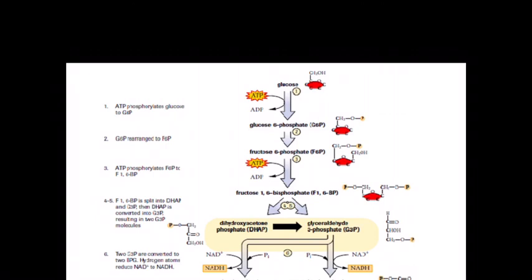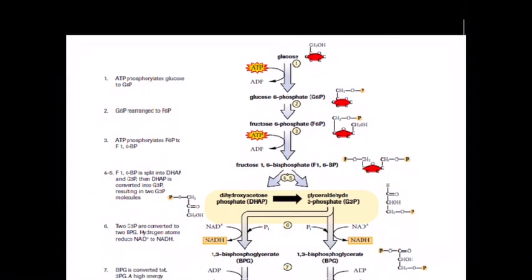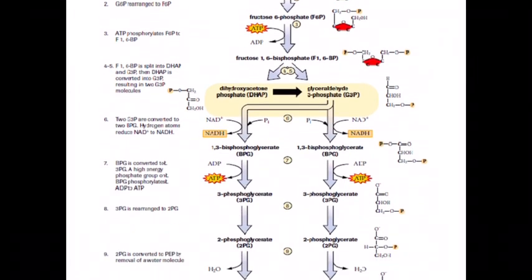Okay, so it's not glucose anymore. It wasn't glucose after the first step. But now we have glyceraldehyde 3-phosphate. We have 2 of those, okay? So there's one on the left and there's one on the right. And if we continue to follow this down, we can abbreviate that glyceraldehyde 3-phosphate to G3P if we want to, which I do like to, because they're all a mouthful no matter what. Okay, so step 6 we see here is a redox reaction.